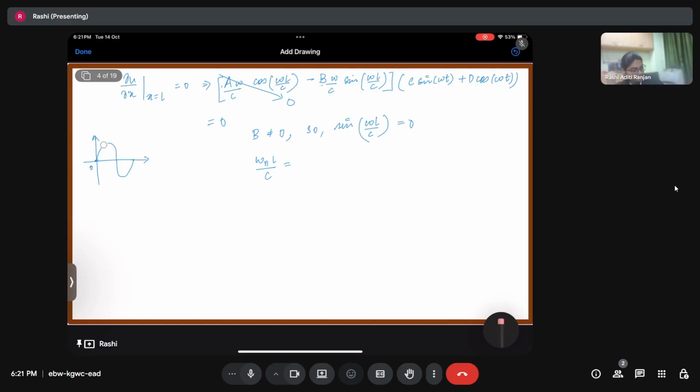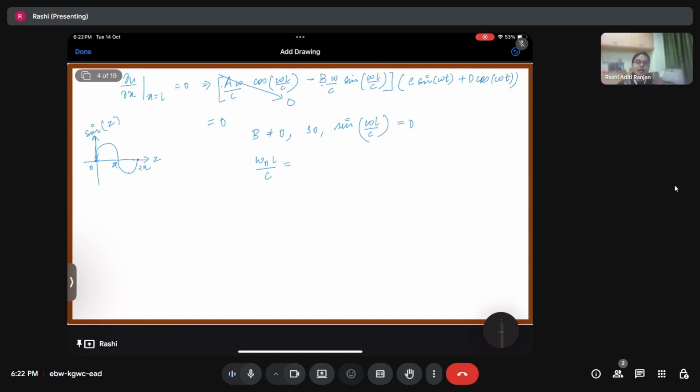So the sine function of, let us say, z, is 0 at 0, π, 2π, till nπ, where n can be infinity, because it's a repetitive kind of behavior.